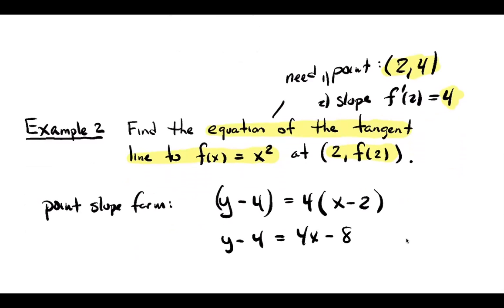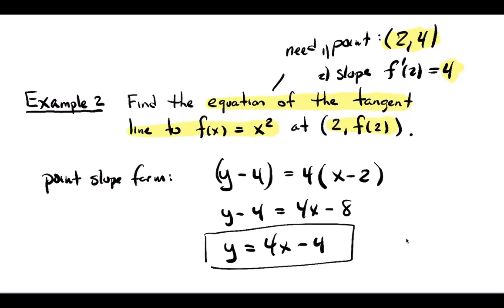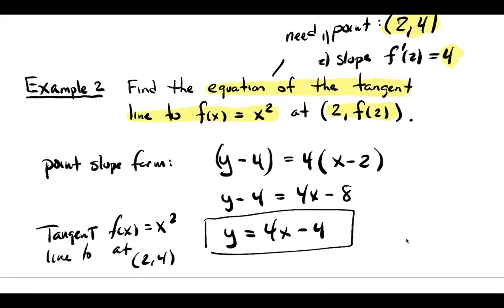That's 4x minus 8 on the right-hand side. And then if we add 4 to both sides, negative 8 plus 4 is negative 4. So that should be the equation of our tangent line. This is the tangent line to f of x equals x squared at the point 2 comma 4.